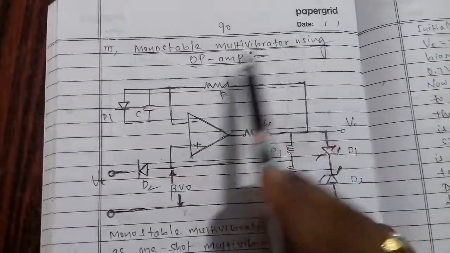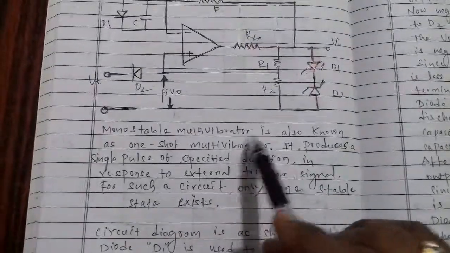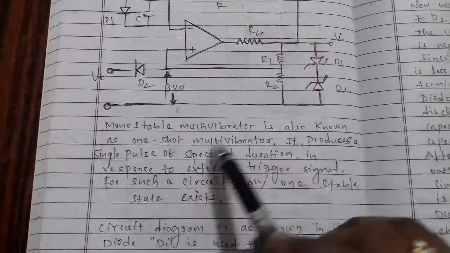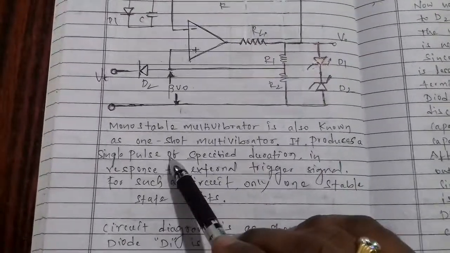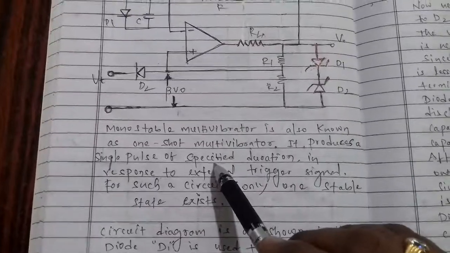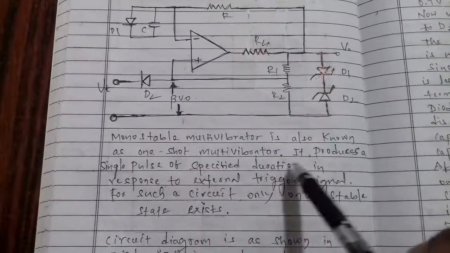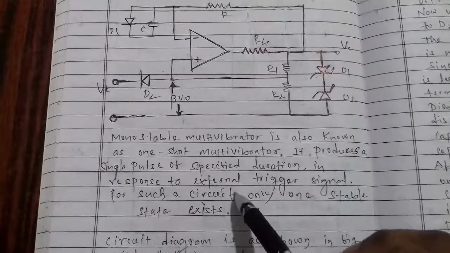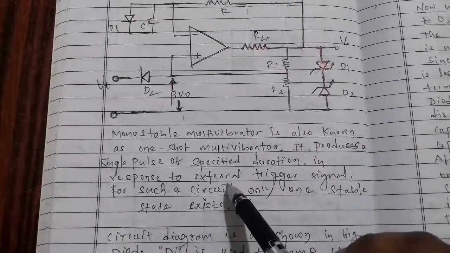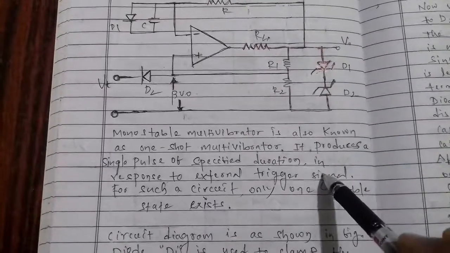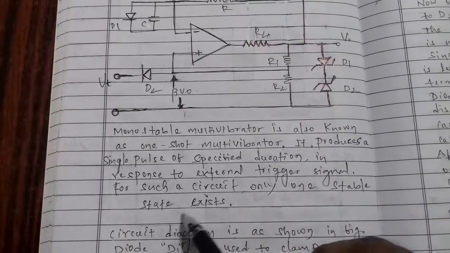Monostable multivibrator using op-amp. Monostable multivibrator is also known as the one-shot multivibrator. It produces a single pulse of specified duration in response to an external trigger signal.